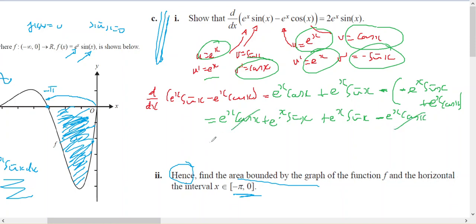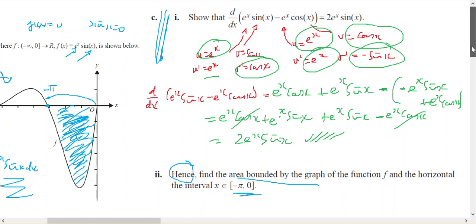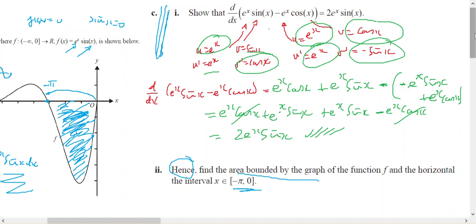These sum to 0 to leave 2e to the x sine of x, which is exactly what we're asked to show. So that's the first bit, show that the derivative of this equals that.